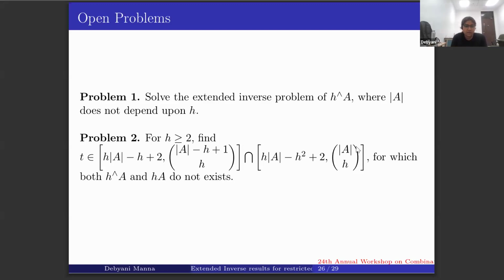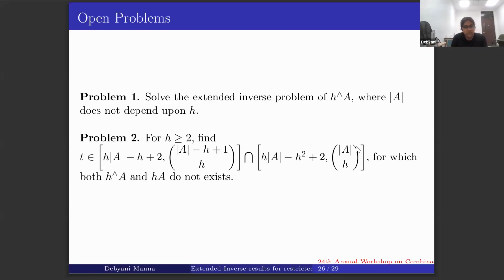We have tried, but we did not really solve it. We want to find an extended inverse problem of h cap A, where the cardinality of A, that is k, does not really depend on h.